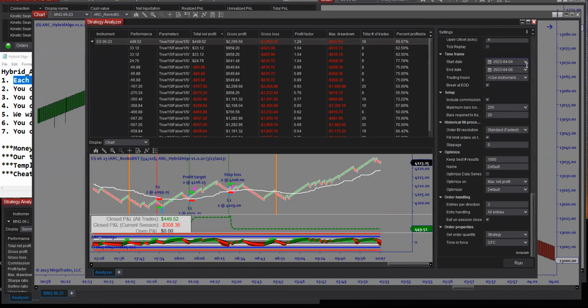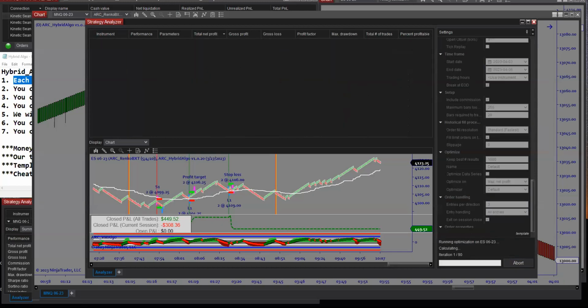So let's just run this to the beginning of the week. Let's run this to the 3rd, and let's just run that. So there's 90 iterations over 3 days. See how quick that runs, right? Now, if this doesn't come back in 3 days like really badass, like really awesome, then I don't want to trade the 5-bar type.